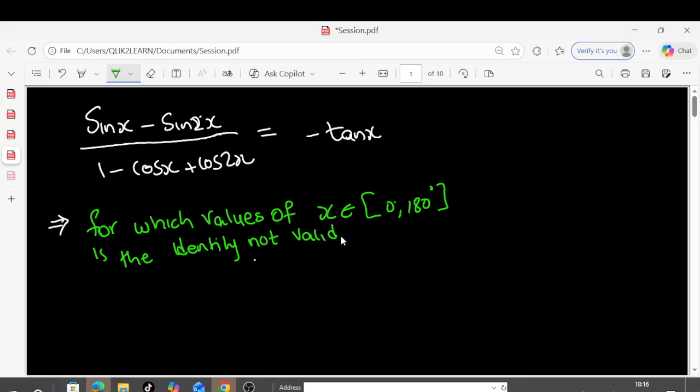Guys, when you see this question, just know that this is an identity. I hope everyone understands. First, they'll ask you to prove it, then they will say for which values of x is this not valid.